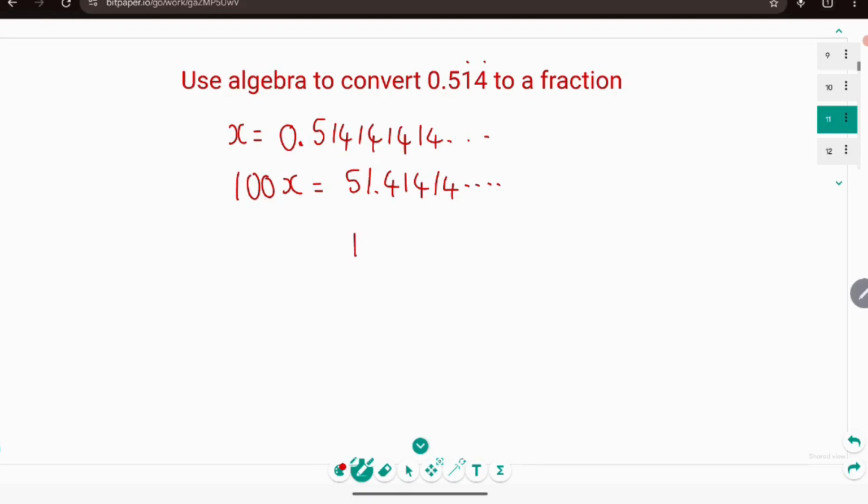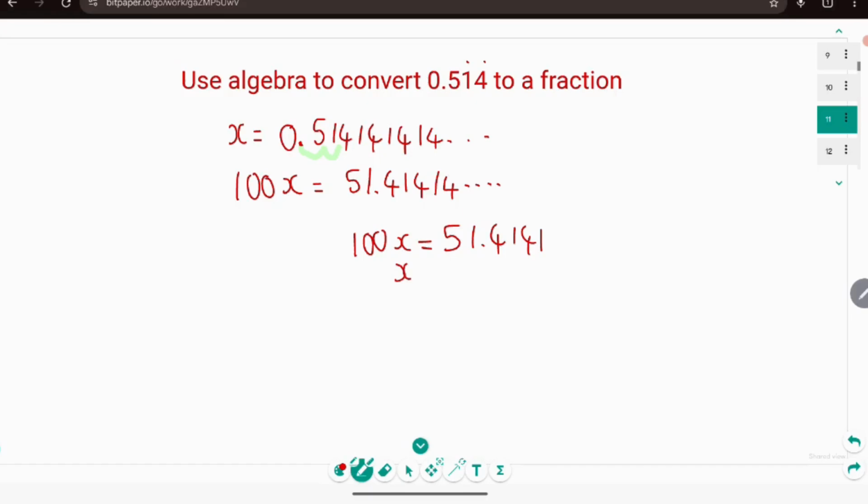Right, let me write the 100x here at the top. Let me just show you that a bit better here. So if I move them 2 digits, that's where the decimal point goes. Your numbers don't change. The order of the numbers doesn't change, if that makes sense. Some people just change the order of the numbers for some reason.